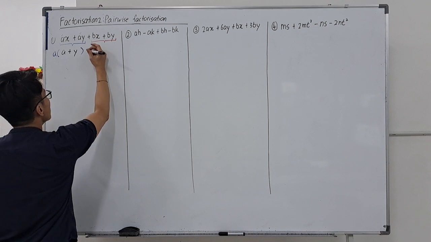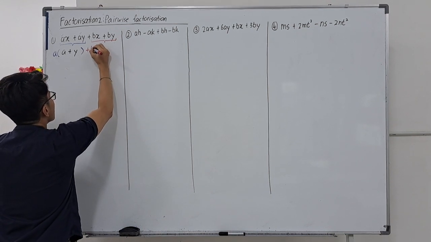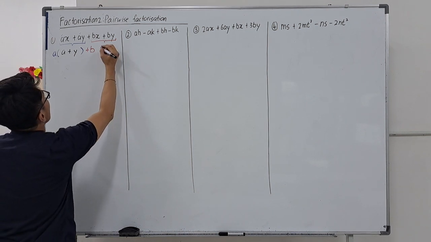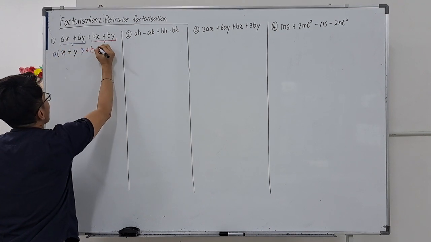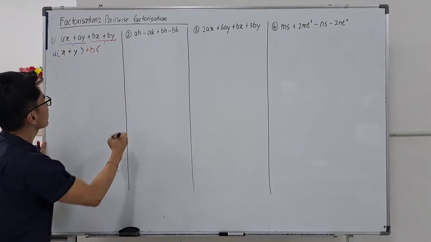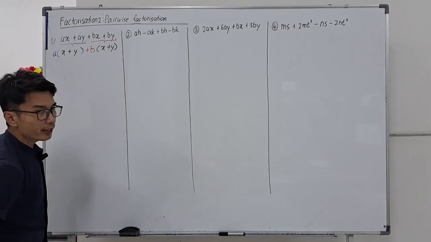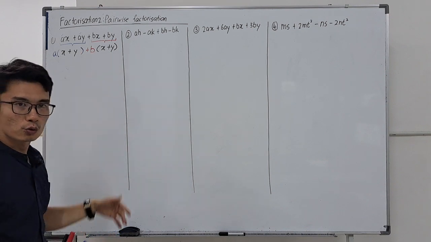That's going to be B over here. And what's left in my bracket? Oh, this is X plus Y, sorry. And I can factorize B out, so what's going to be left? X plus Y again, right? Okay, so far so good.